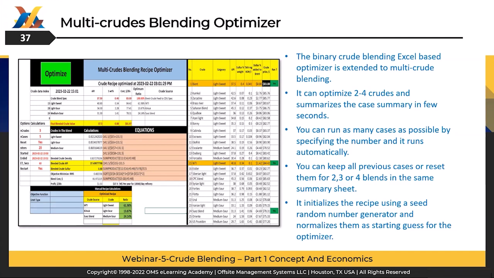So in other words, you are given 100 chances to throw a dart at the dartboard, and you're hoping that one of those darts will hit the bullseye or close to the bullseye to give you a global optimum. The way we do it is that we use a seed generator to initialize the initial recipe, normalize it, and calculate the RMS for that one. And we continue this for a number of iterations.